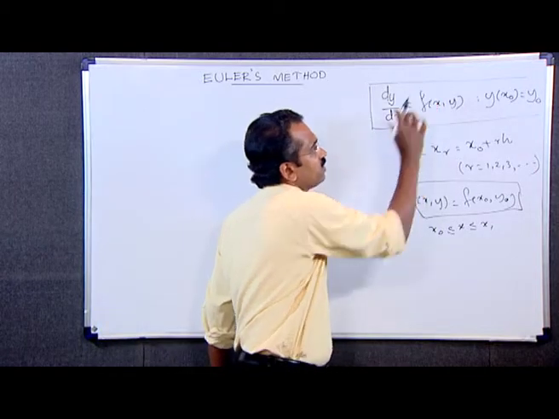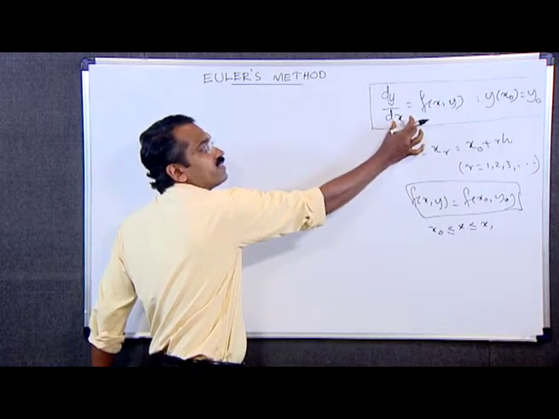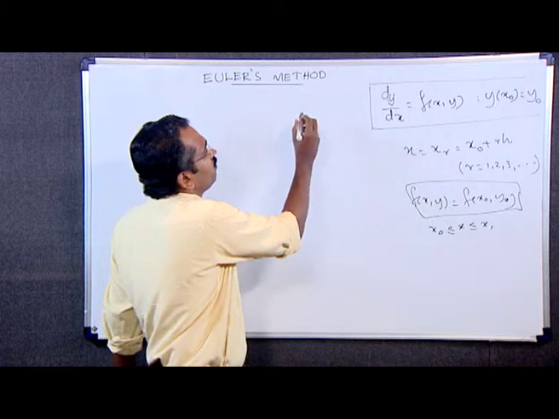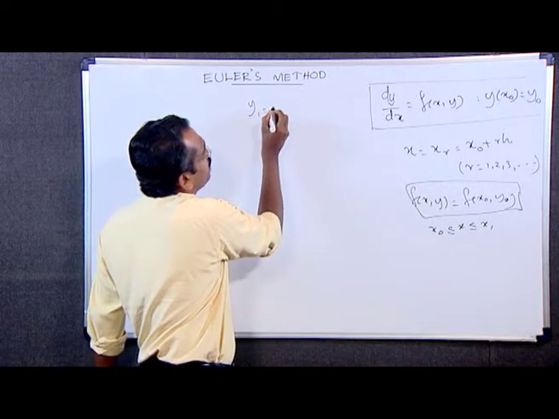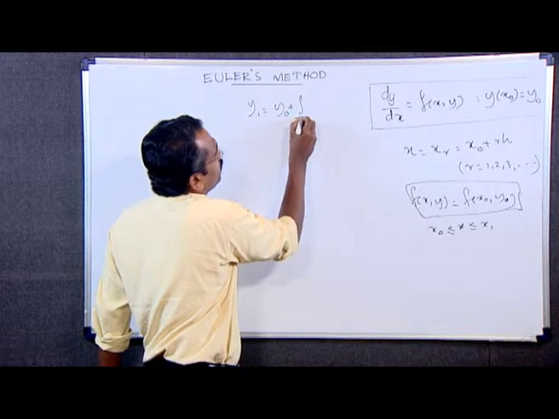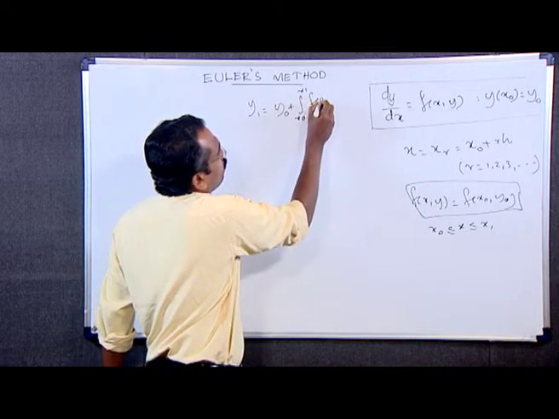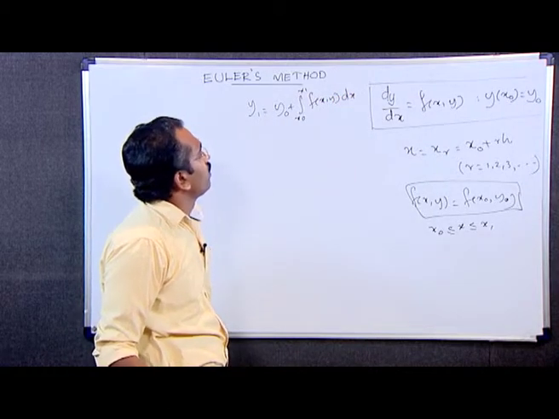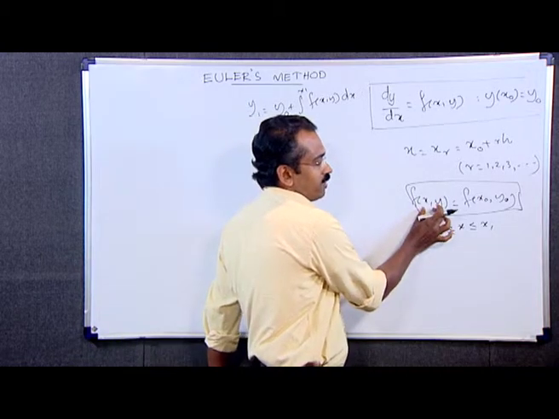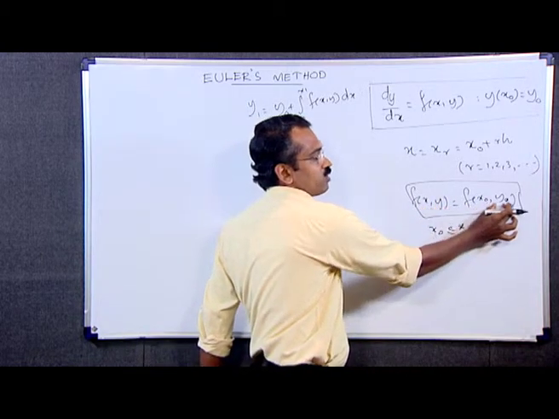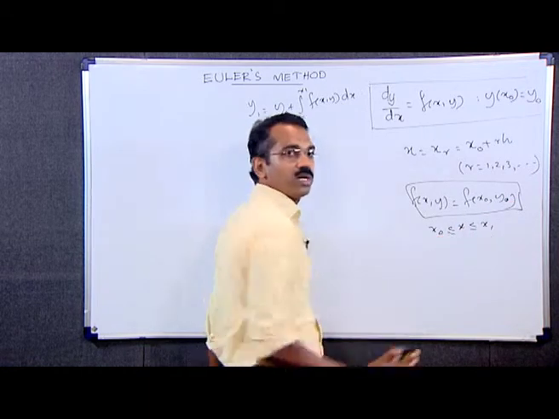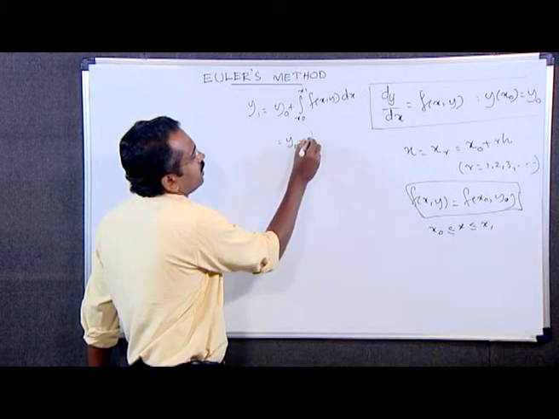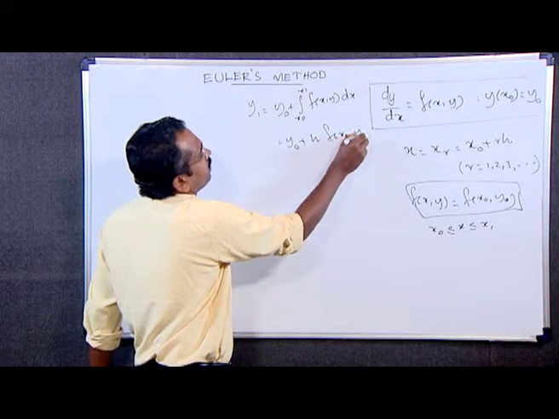In the Euler's method, we just integrate this differential equation between the limits x naught and x1, then we obtain y1 as y naught plus integral from x naught to x1 f of x comma y dx. If we approximate f of x, y as f of x naught, y naught in the interval x naught comma x1, we obtain y1 as y naught plus h into f of x naught comma y naught.